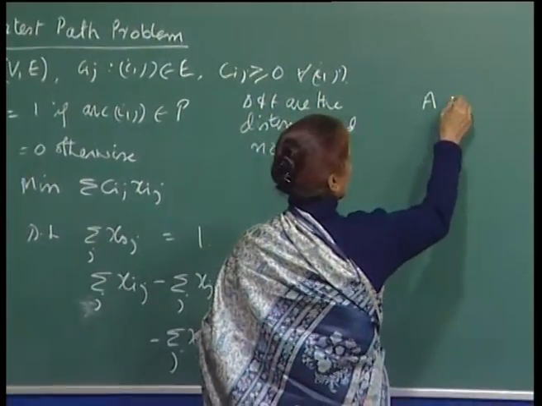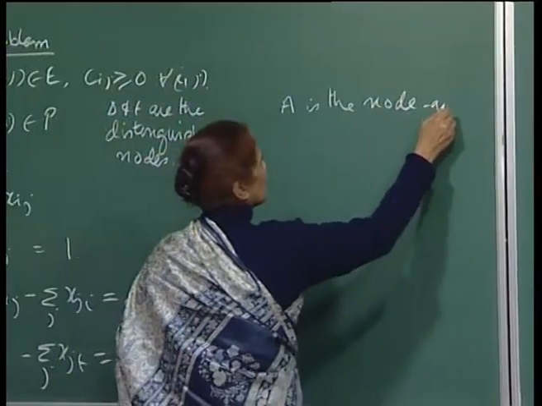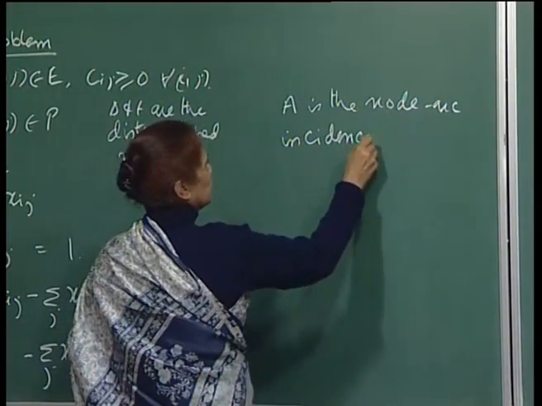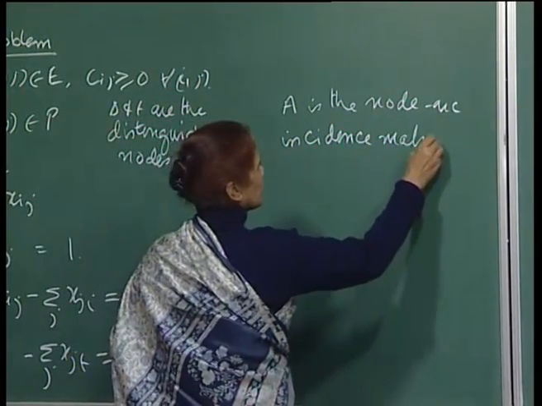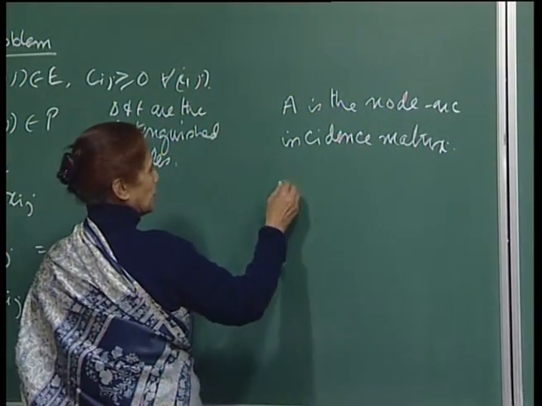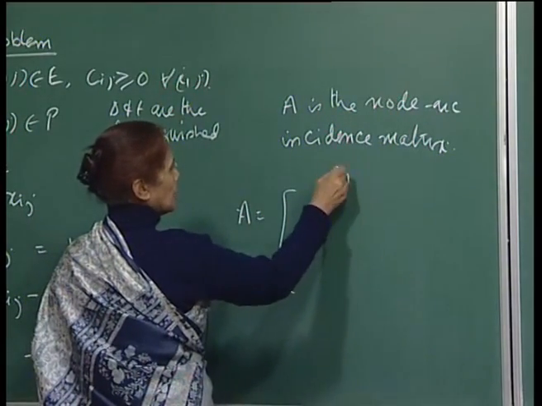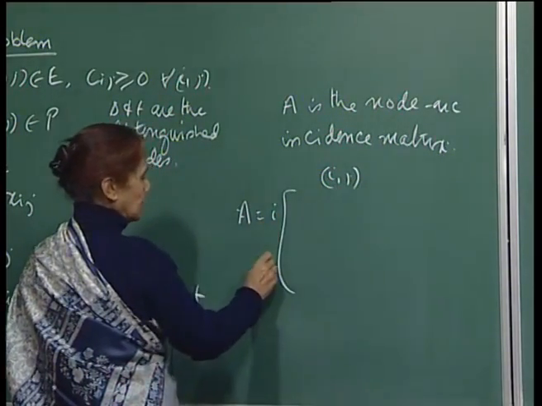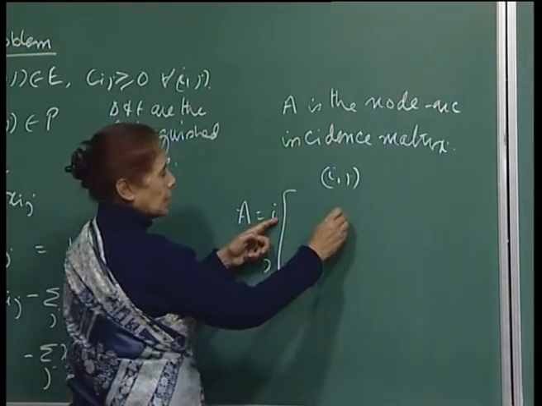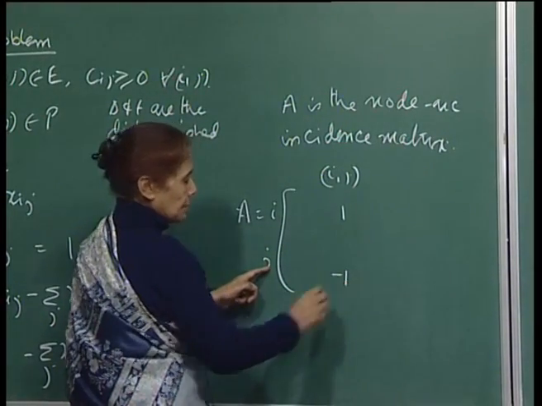A is the node arc incidence matrix. And we said that, for example, if you have an arc ij here, and you have a node i here and node j, then because ij is leaving node i, it will have a +1, and it is entering node j, it will have a -1.